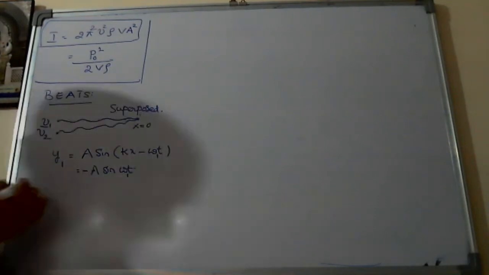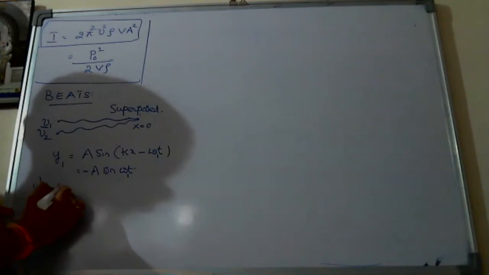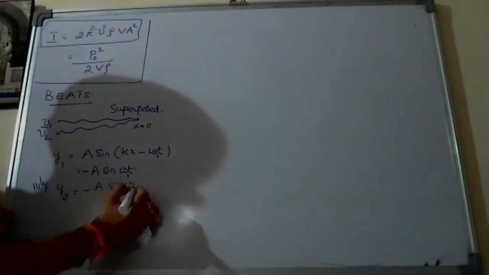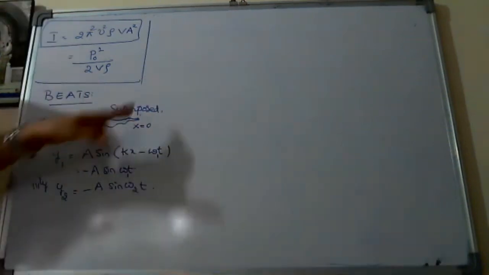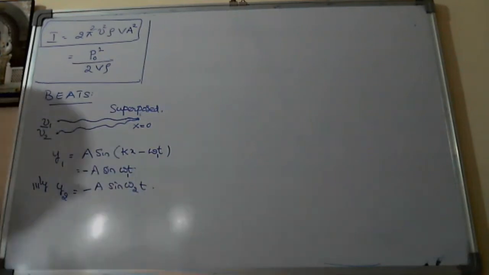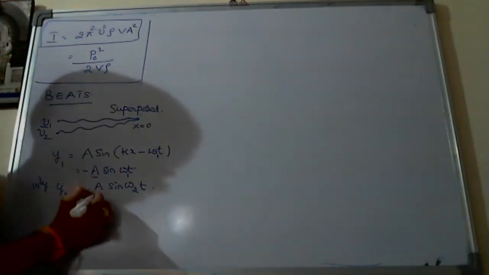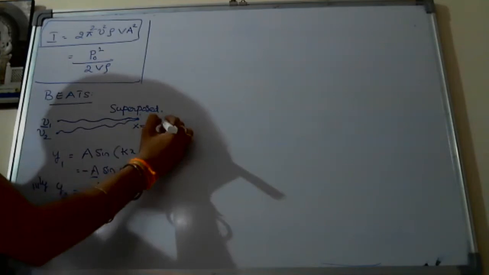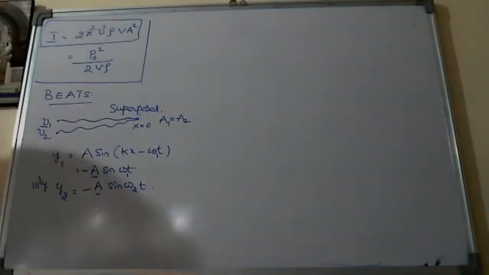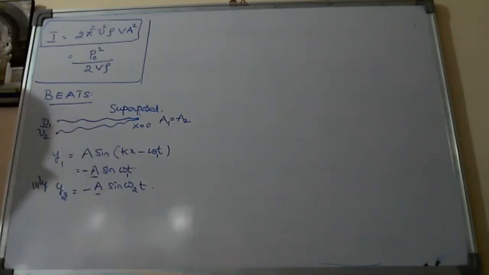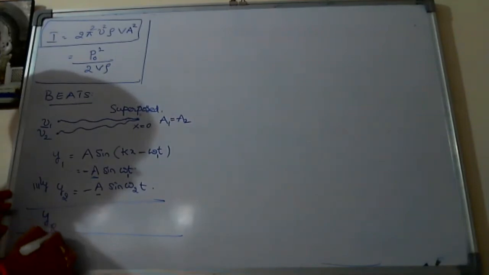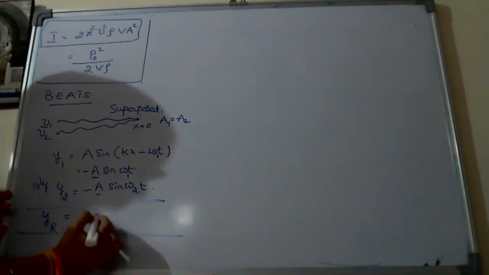In the same way, I can write the second wave as minus A sine omega 2 t at x is equal to 0. And I am considering the amplitudes of the two waves are equal, so my condition is A1 is equal to A2 is equal to A. Then after superposing, the resultant wave is y1 plus y2.